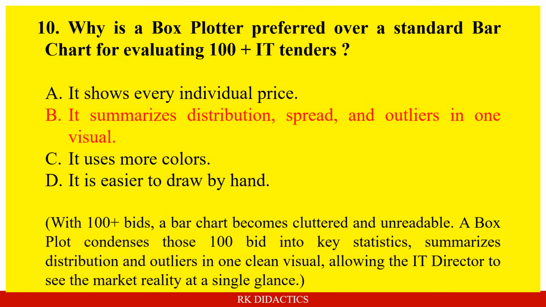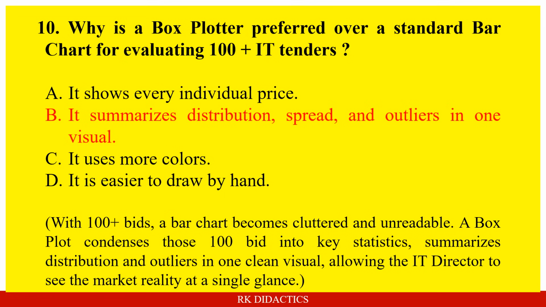Box plotter summarizes distribution, spread and outliers in one visual. So when 100 plus bids come in and we use a bar chart or line chart, it will be unreadable. It will be a mess, with so many lines and so many bars. Nobody can analyze. But a box plot condenses those 100 points into key statistics.